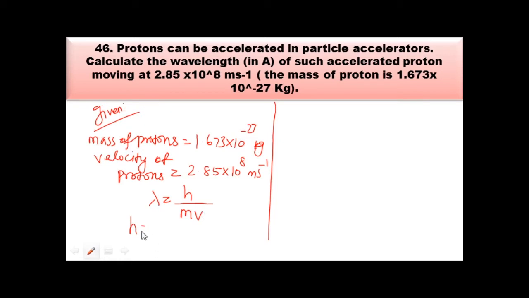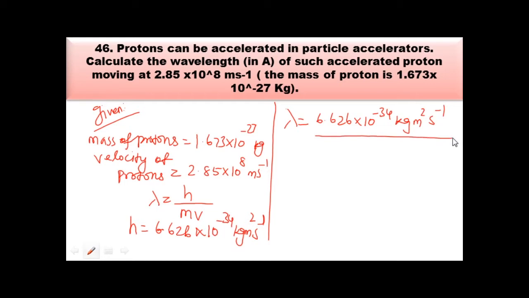We already know the h value, 6.626 into 10 power minus 34 kilogram meter square second inverse. So lambda equal to 6.626 into 10 power minus 34 kilogram meter square second inverse divided by 1.673 multiplied with 10 power minus 27 kg, 2.85 multiplied with 10 power 8 meter second inverse.